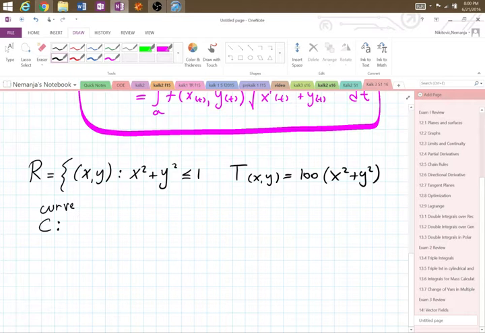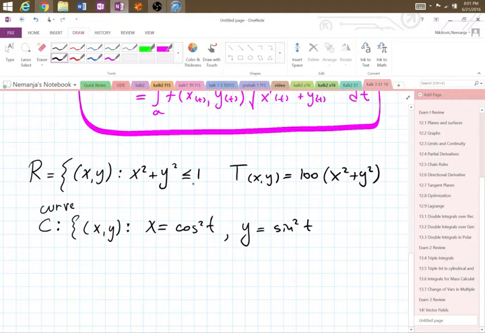So we're going to have that curve C is all of the points x, y, such that x is equal to r squared cosine squared, but then r is 1, so we just have cosine squared t as a parameter. And then y is sine squared t.